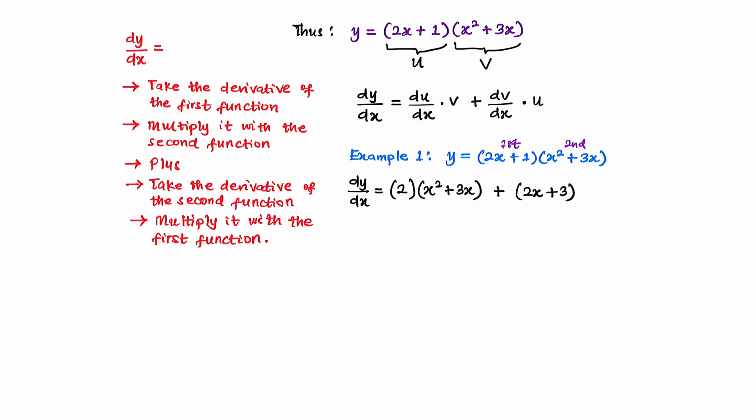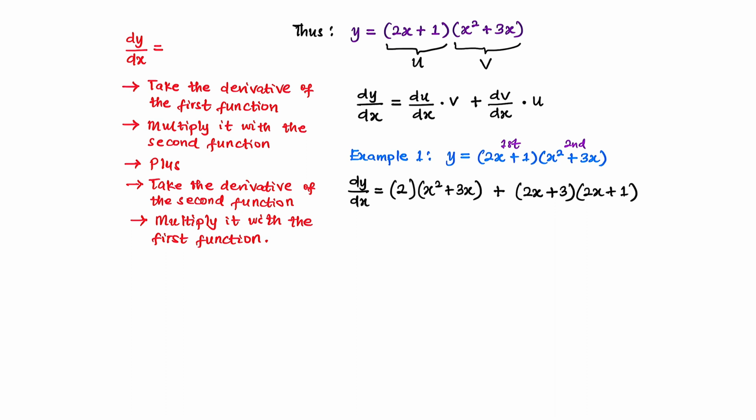We've taken the derivative of the second function and we multiply it with the first function. The first function is 2x plus 1. Again, the dy dx is take the derivative of the first function, multiply it with the second function, plus take the derivative of the second function, multiply it with the first function. And that's it, as simple as that.